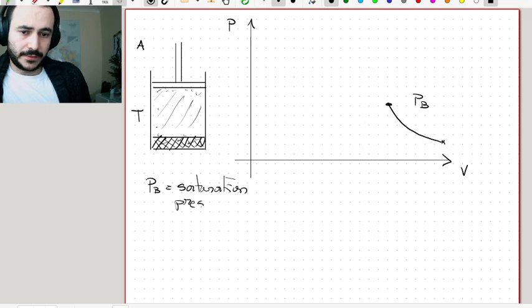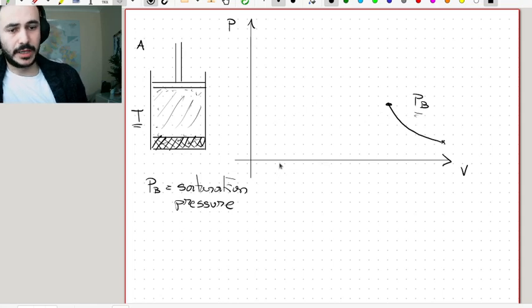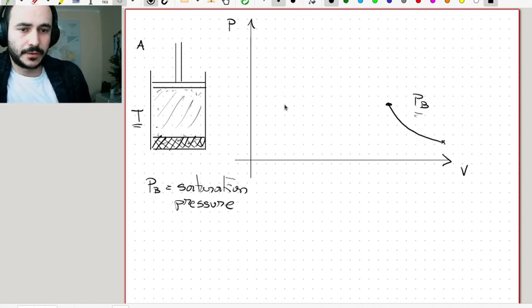So we have a liquid which is in thermodynamic equilibrium with a gas in the same state. So at the same temperature and the same saturation pressure. The only thing is that because the liquid is a liquid, of course the molar volume of the liquid is going to be much lower.